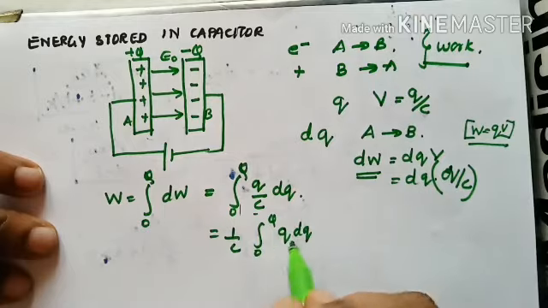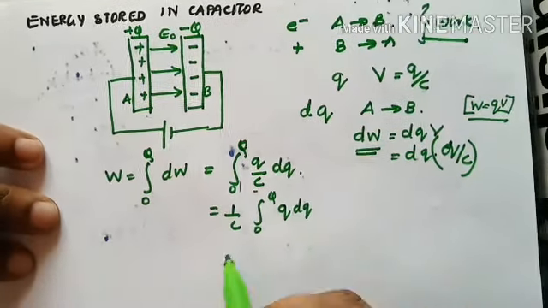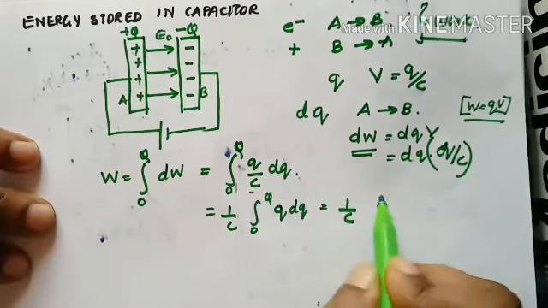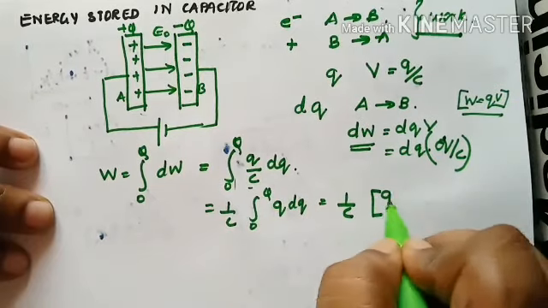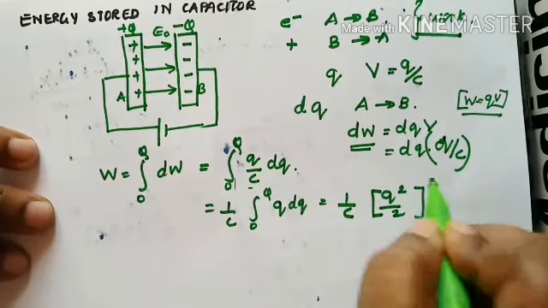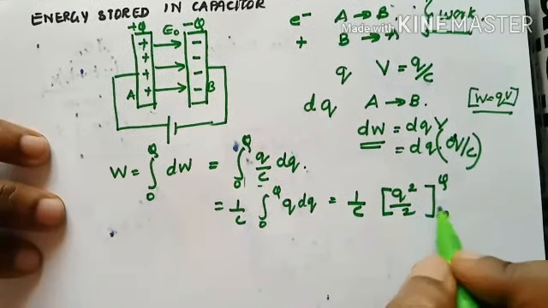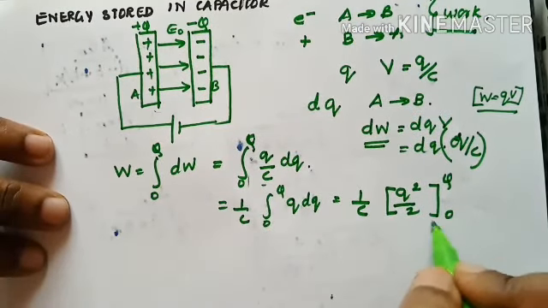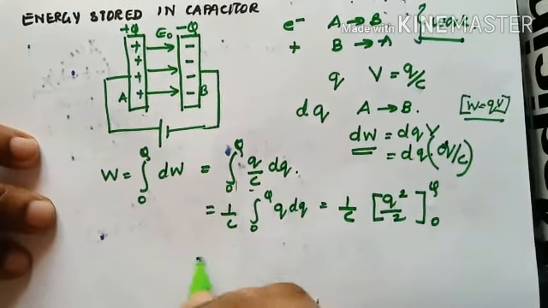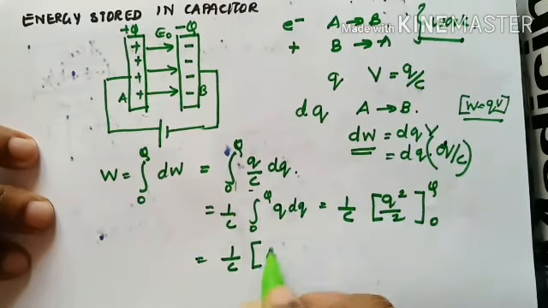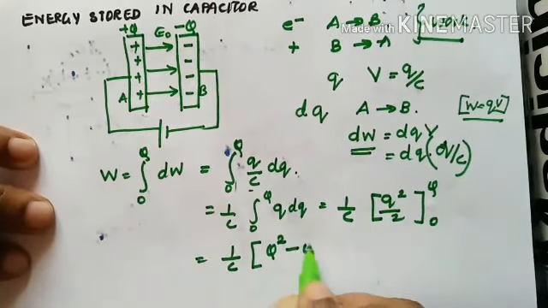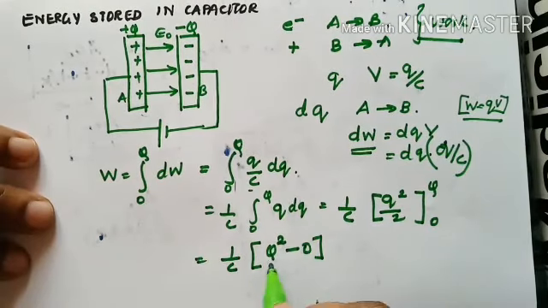The integral of x dx is x squared by 2, so this will be 1 by C times Q squared by 2, upper limit minus lower limit. The lower limit is 0, so that term goes off. It becomes Q squared minus 0, divided by 2.